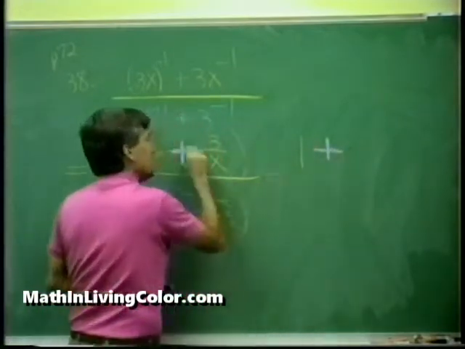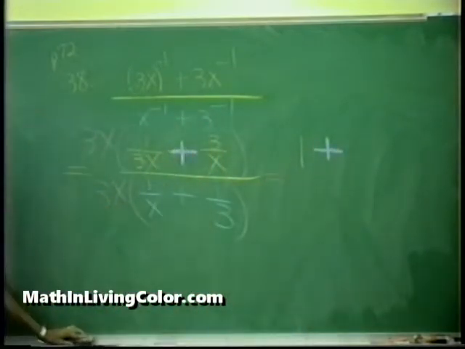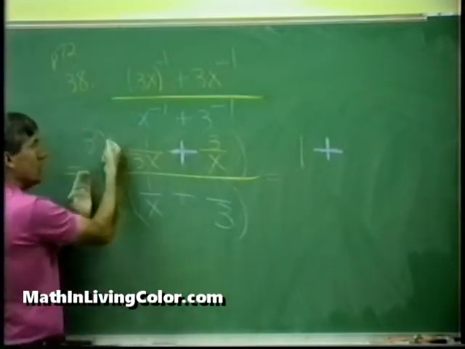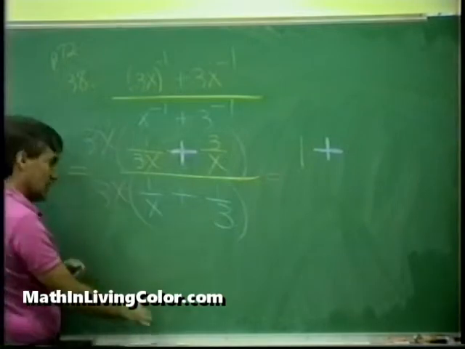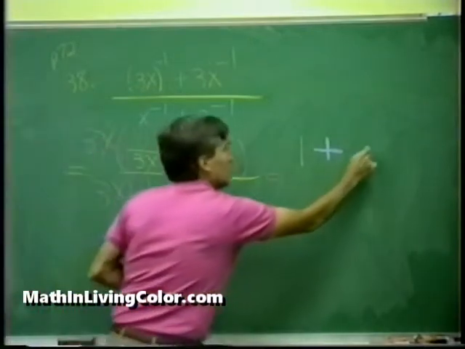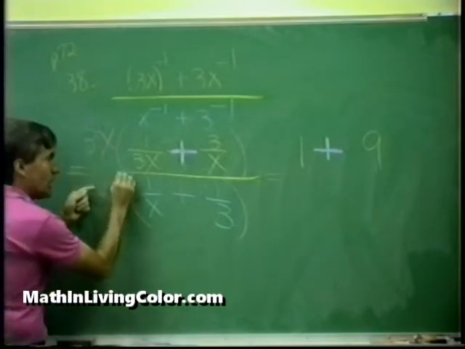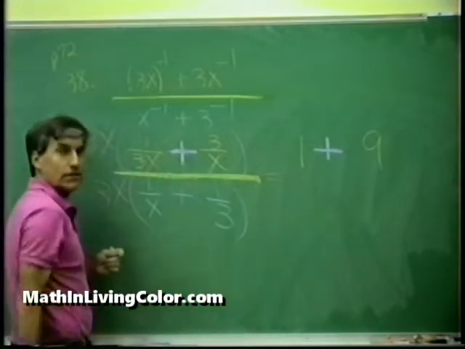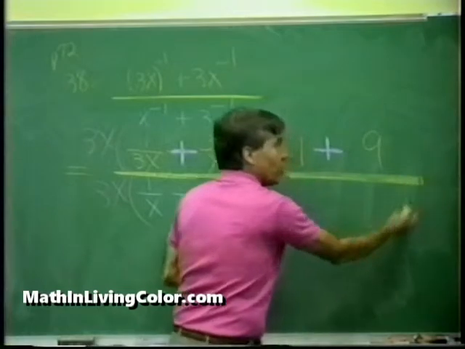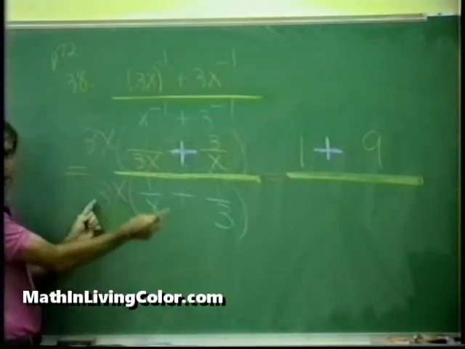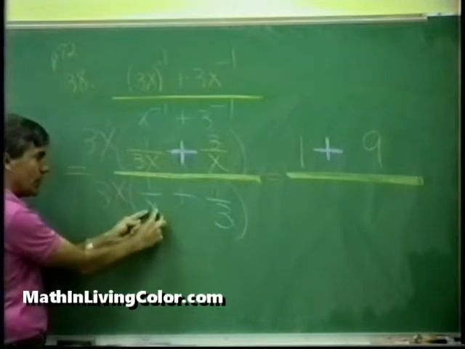And then what? 3x times 3 over x. What happens? X divides out. What's left? 9. Okay? Any question on that? Now you see this fraction line right here? That fraction line is going to go right there. That's the same fraction line. Now, what do we do for the denominator? 3x times 1 over x. What happens?